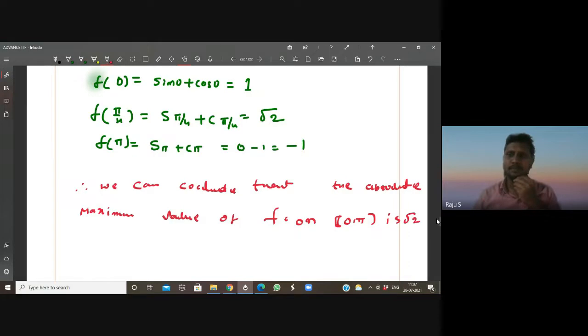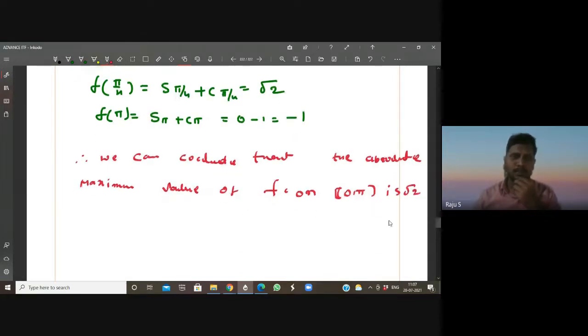Root 2. Am I right? Root 2 is occurring at what point? Occurring at x is equal to pi by 4.